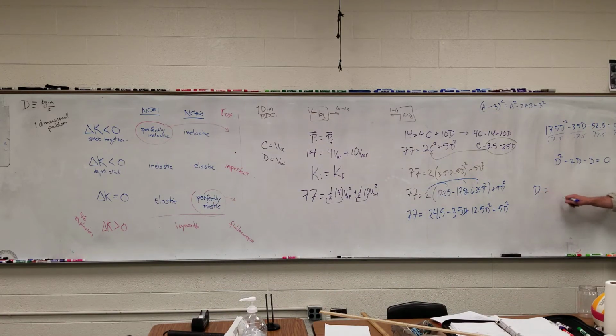And so d is equal to 2 plus or minus the square root of 4 minus 4 times 1 times negative 3, over 2. So this is 2 plus or minus the square root of 16 over 2, which is 2 plus or minus 4 over 2, which is, if we add, we get 3, or if we subtract, we get negative 1.